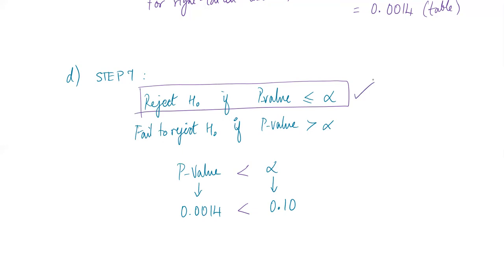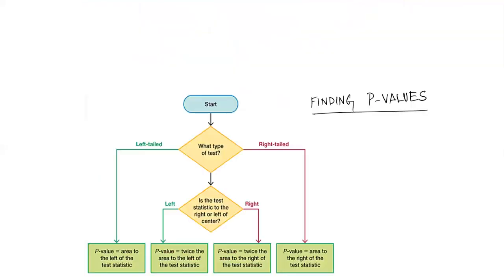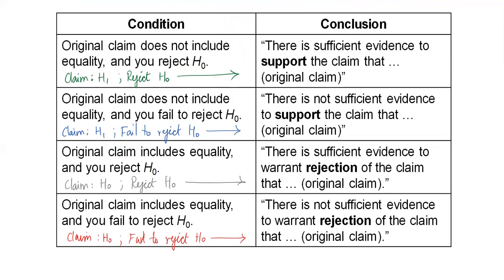Okay. So then I come down here, and that's your step 7. Step 8 would be using this table here, the conclusion table. So if we reject H0, then I have one of these two, the first or the third, to conclude from.